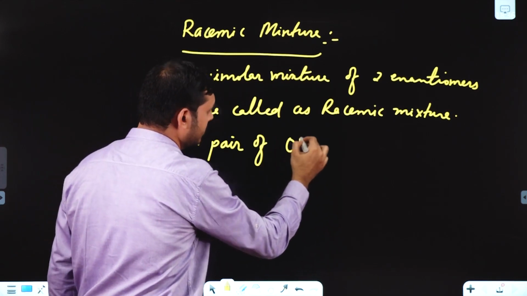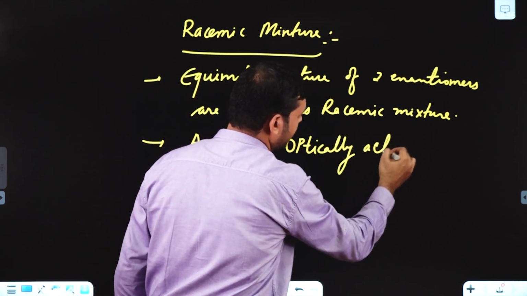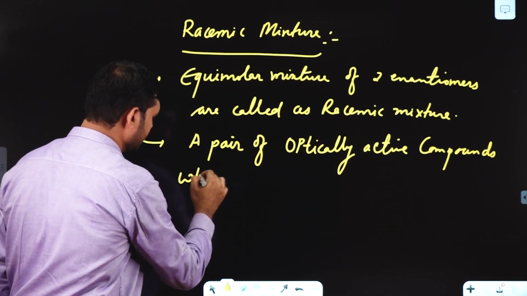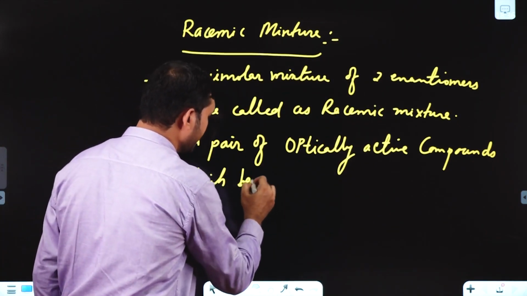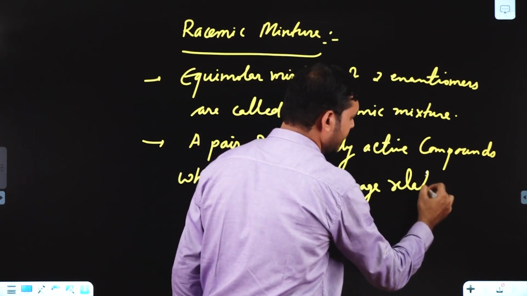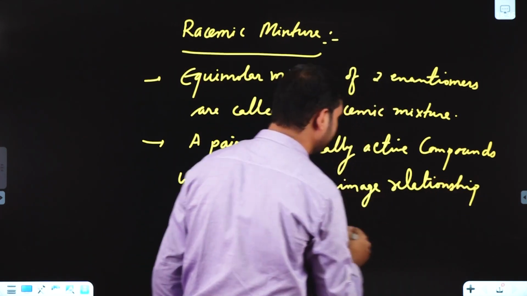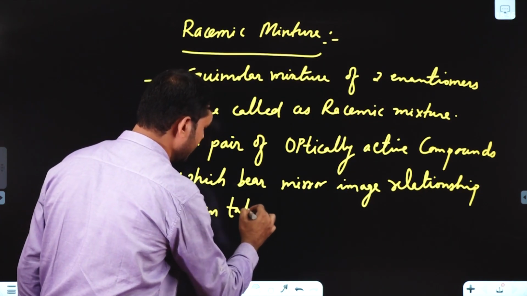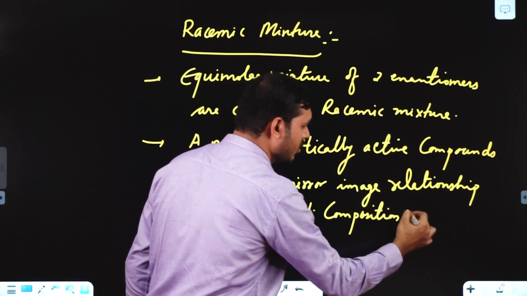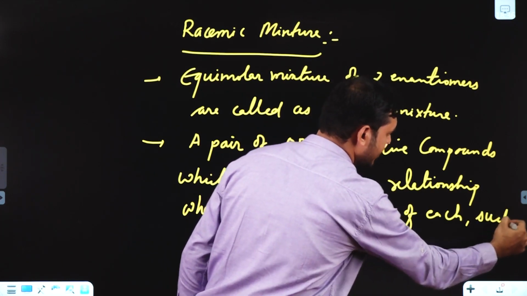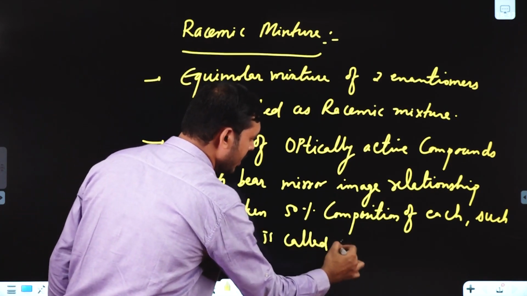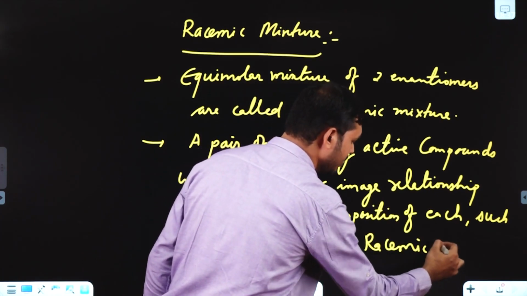A pair of optically active compounds which bear mirror image relationship, when taken 50% composition of each, such mixture is called as racemic mixture.